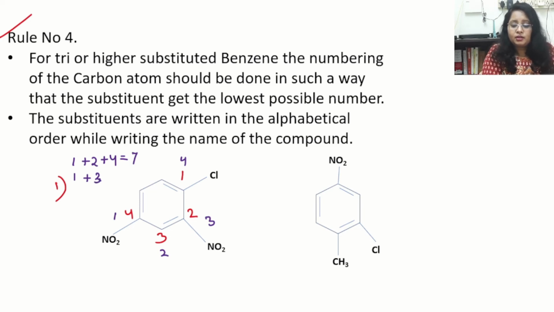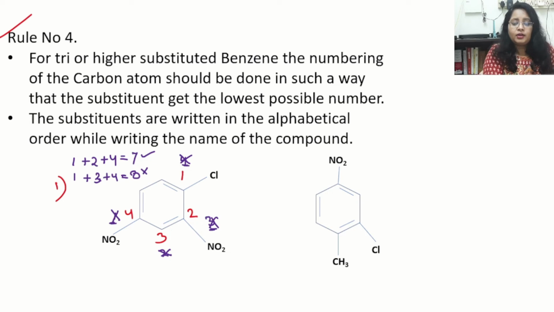Here 1, here 3. And then the chloro group is on number 4. The addition is 8. I told you, whichever addition has the lower number, that is the correct counting. So we have 7 in this counting, so this counting is correct and this counting is wrong. This counting should be discarded, only this counting should be continued.